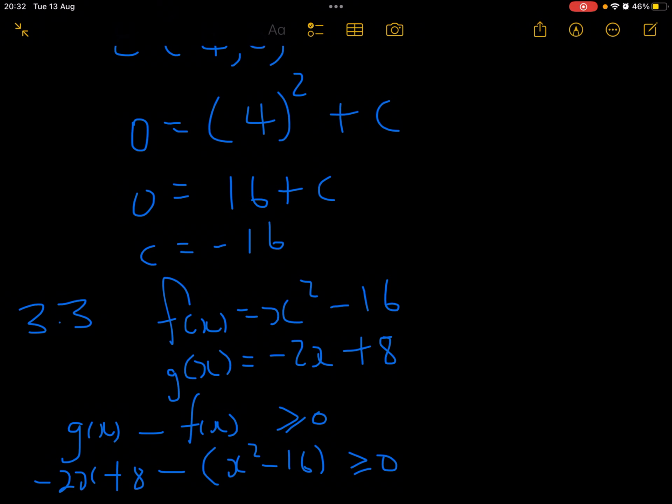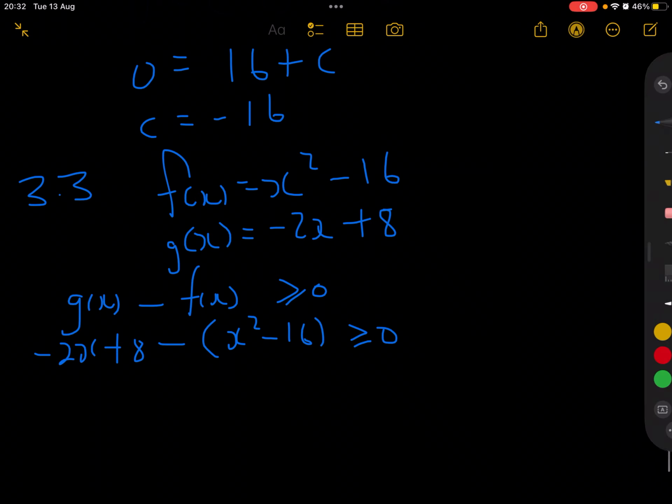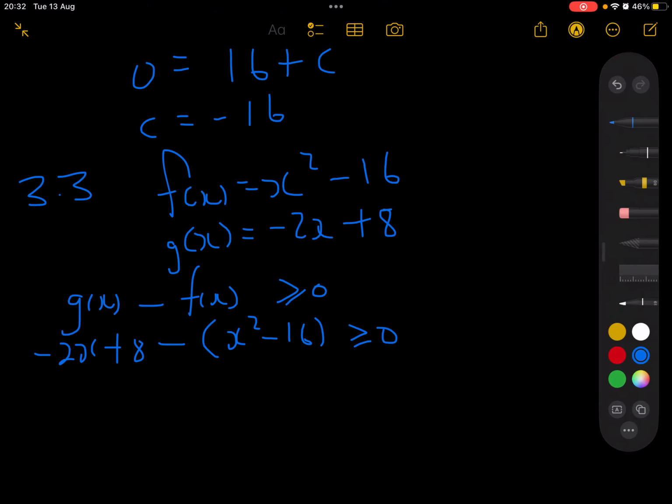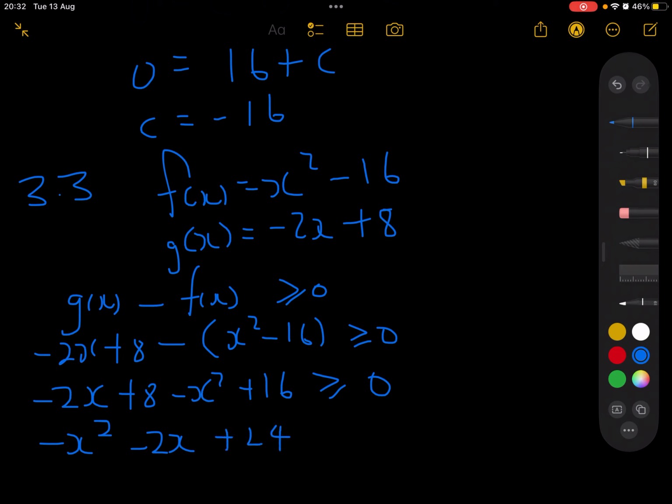So this is more of a quadratic inequality, which becomes negative 2x plus 8 minus x squared plus 16 greater or equal to 0. Then if we simplify, it becomes minus x squared minus 2x, and 8 plus 16 becomes a positive 24, greater or equal to 0.